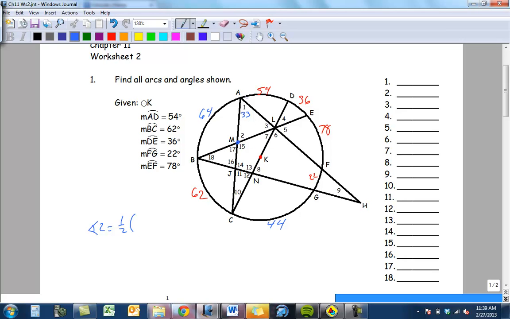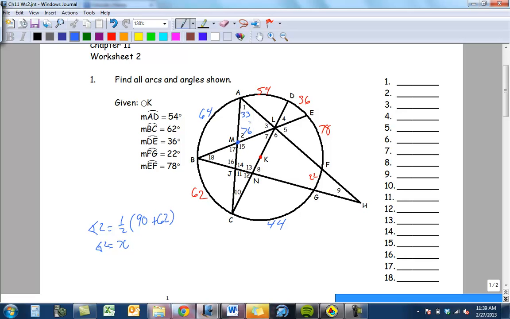Well, it intercepts 54 and 36, which is 90, plus the one behind 2 is 62. So angle 2 is 76. So let's label that 76.